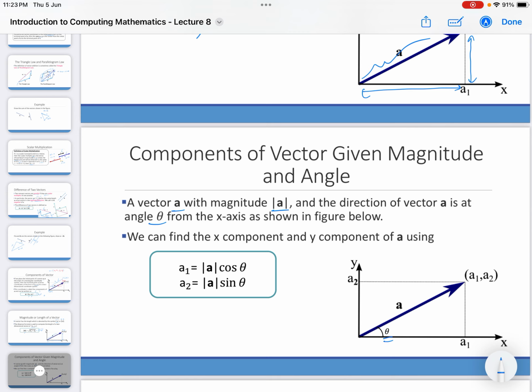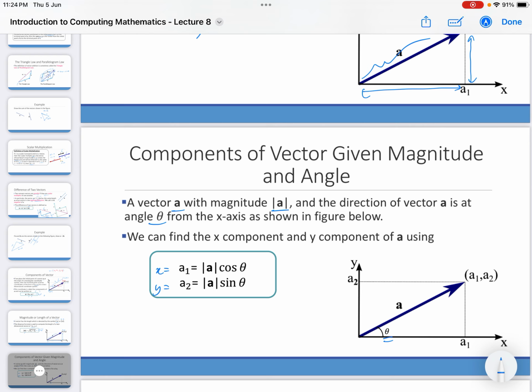So we can find the x and y components of this vector A by using this formula. The x component, which is A1, equals the magnitude of A cos theta, and the y component of vector A is A2. The value for A2 is the magnitude of A sin theta.